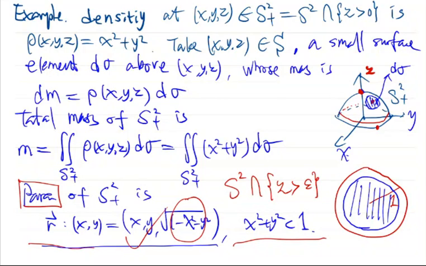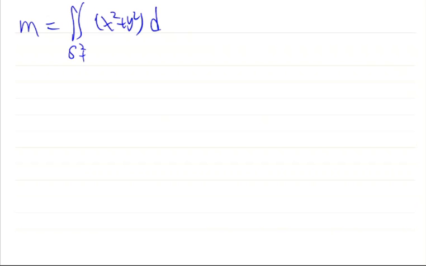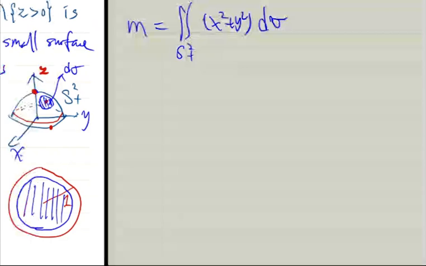Okay, so using this parametrization, the mass M is the integral of x squared plus y squared d sigma.